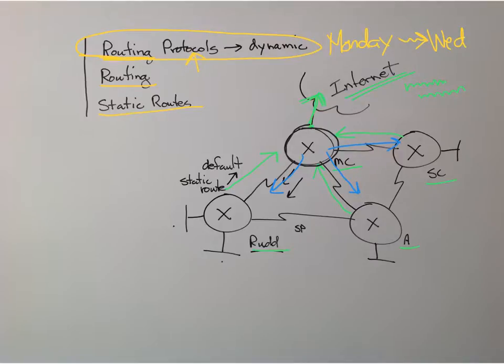But as the network gets more sophisticated, where we have routes here for redundancy, then we can have a routing protocol so that we still have our default routes here, but then the routing protocol would learn about all of these networks internally here and share that information with all of the other routers.